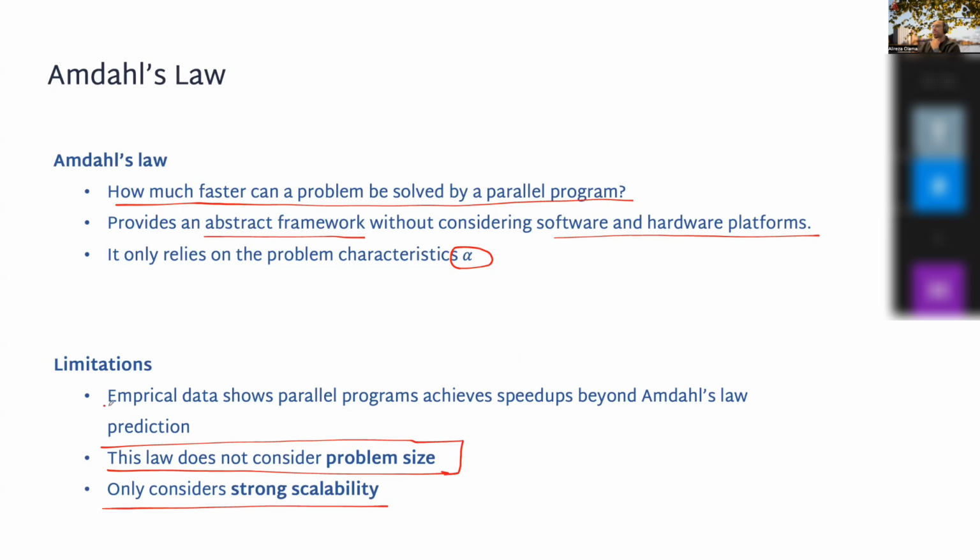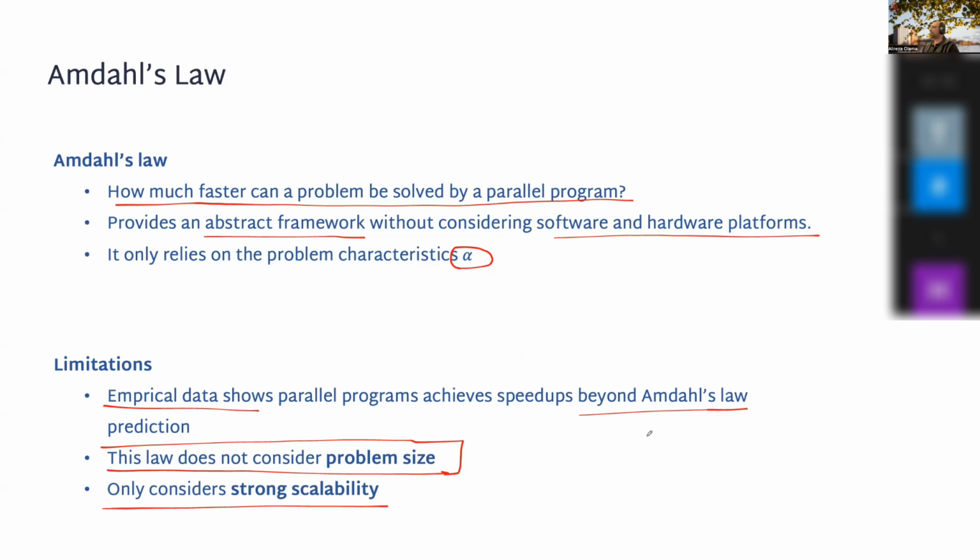And according to empirical data, nowadays using these data centers, we are witnessing speedups beyond Amdahl's law prediction. Because when you have these massively parallel machines, you are using a large problem size to be computed on them.